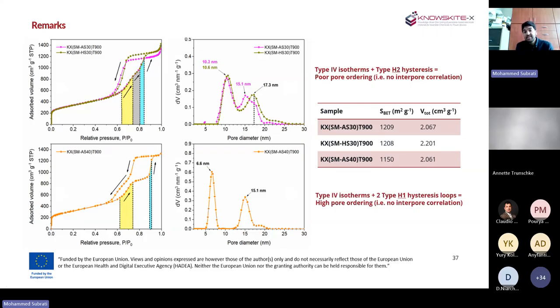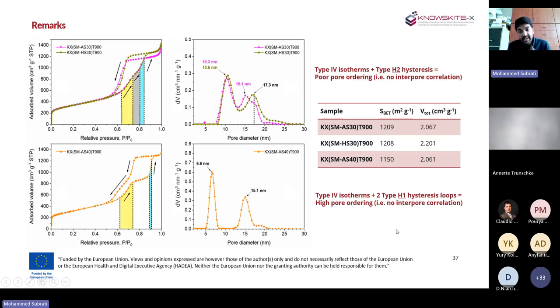In the case of convoluted, bimodal pore size distributions, you produce a single hysteresis loop. In both cases it's type 4 isotherms, but in the case of less size contrast you produce one hysteresis loop, which is type H2, which means you have interpore correlation.